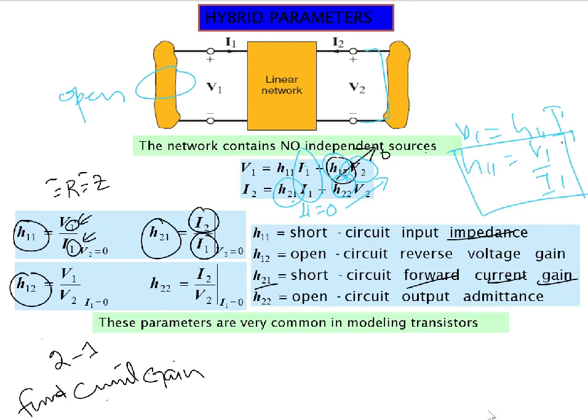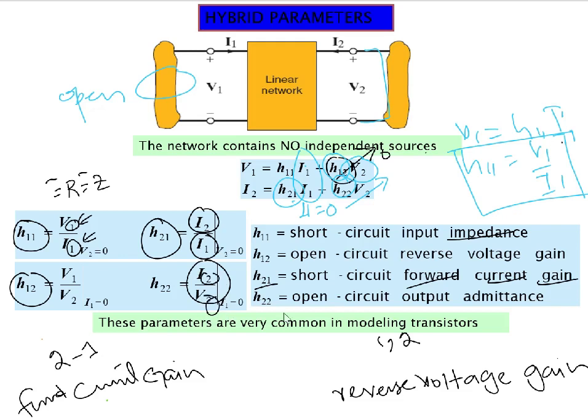This is a voltage gain, but since it is 1 by 2, we call it reverse voltage gain. Similarly, this is I by V, which makes it an admittance, and 2-2 makes it output, so this is the output admittance parameter.